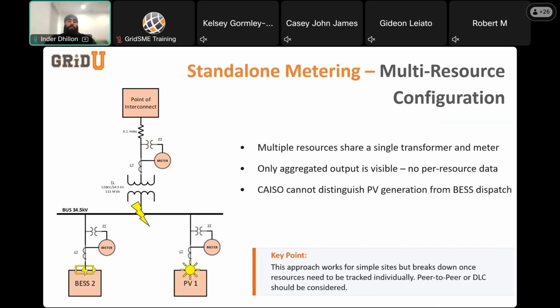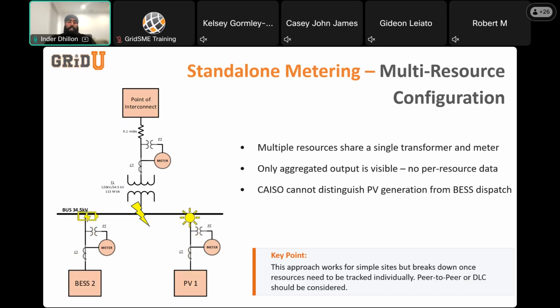So now, if we expand the system into multiple resources, for example, both PV and BESS connected behind the same transformer, the metering configuration itself doesn't change. The same high side meter continues to measure total real and reactive power leaving the site. However, the measurement now represents the aggregated contribution of all resources.